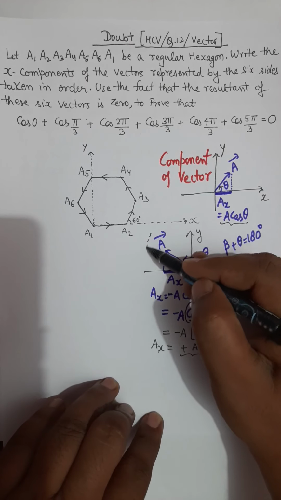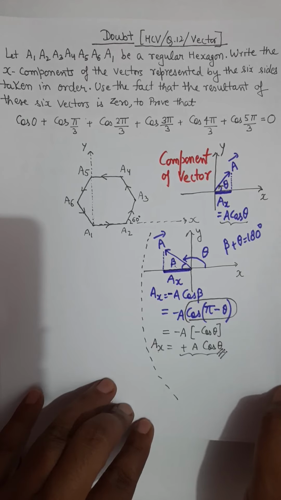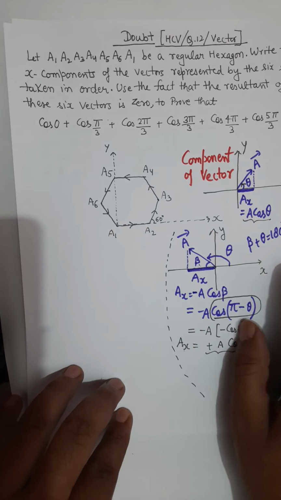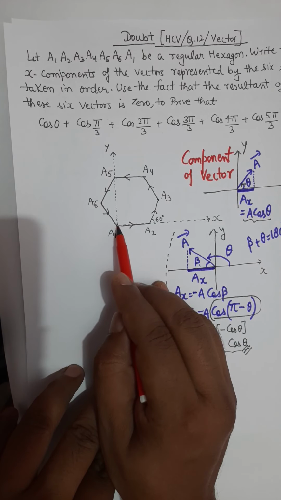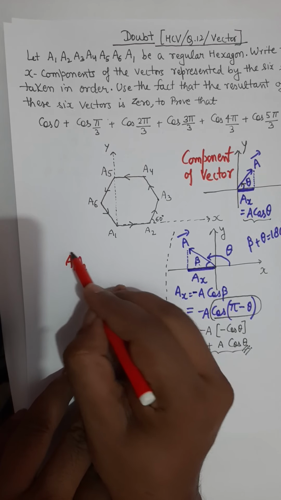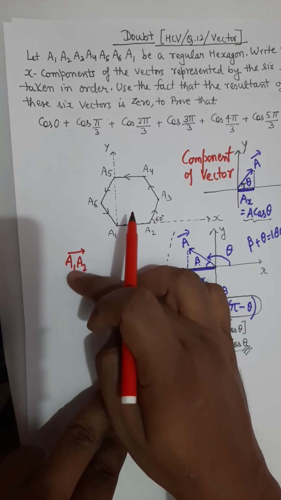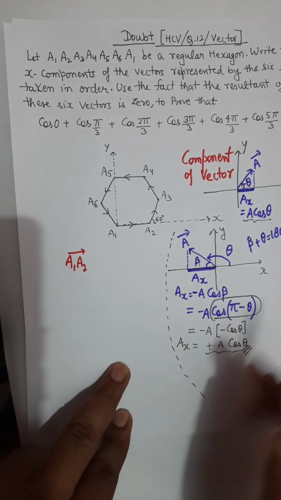Now I will use the same concept here. For the vectors A1A2 and so on, I will make a list of vectors in this column and then the x component on the other side.